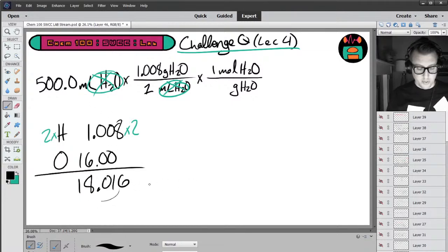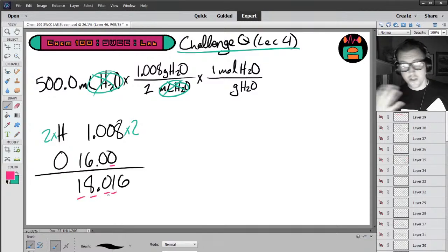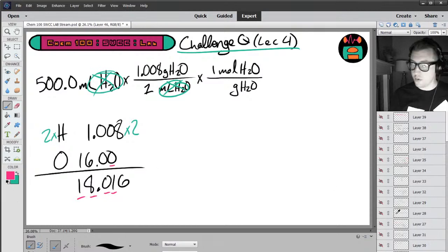This calculated number, if we're looking at sig figs, needs to have its last significant digit in the second decimal place, because based on the numbers that I use, you might be using a periodic table which has a greater precision, which is totally fine. All right, and this will cancel grams of water. So now we have moles of water.